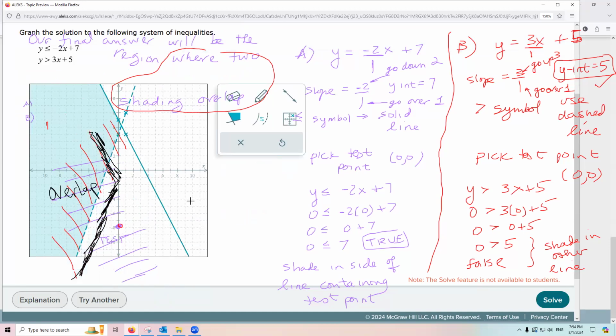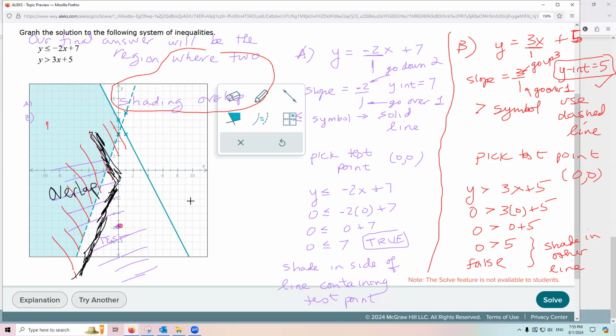So this was a bit complicated, but what we had to do here was graph each inequality, shade in each inequality, and then look for where the two shadings overlap each other. Now, a suggestion is if you're going to do this on paper, have two colored pencils available, like a red pencil and a blue pencil.